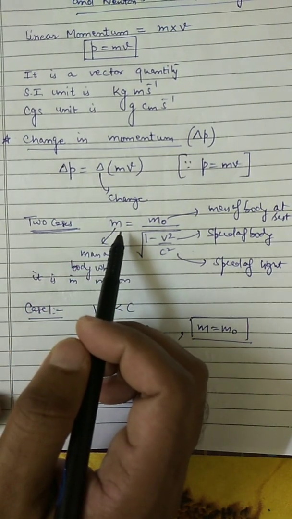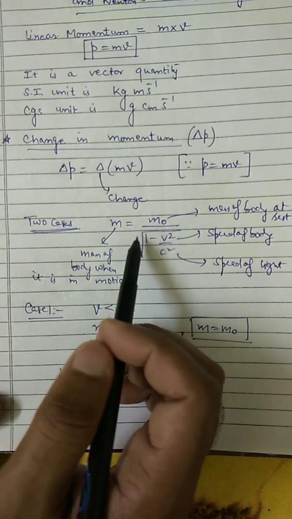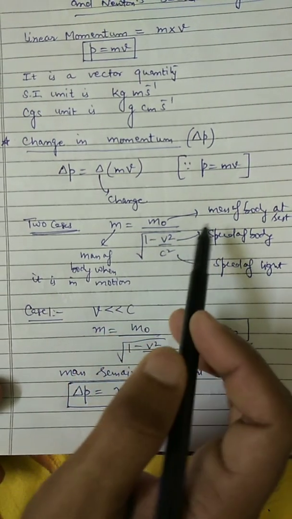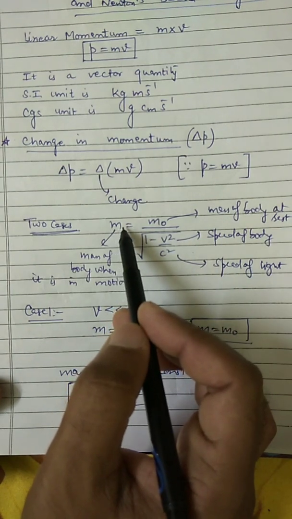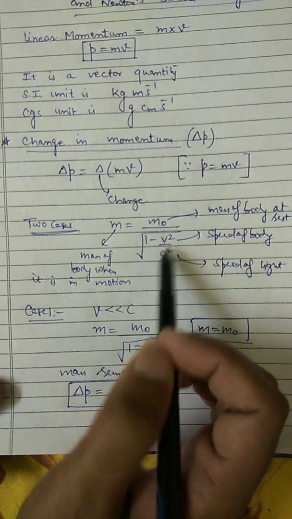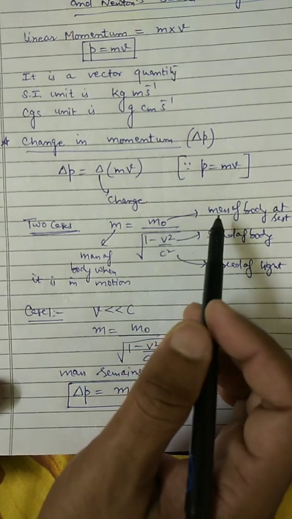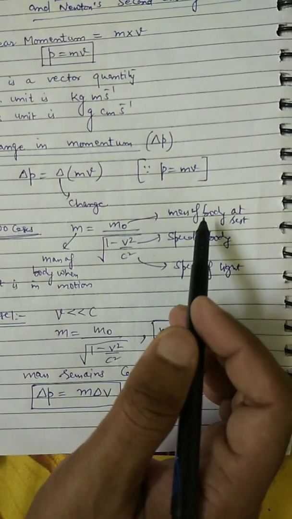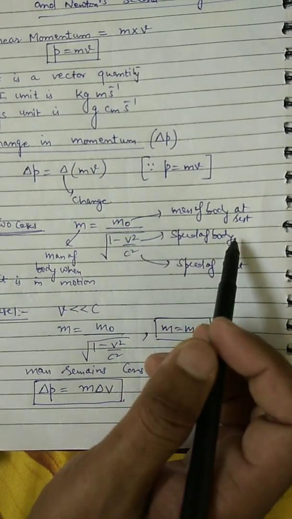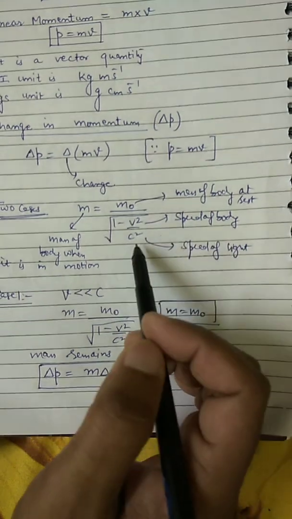One relation you have to learn: m is equal to m naught upon square root of 1 minus v square upon c square, in the denominator, where small m is the mass of the body when it is moving with velocity v. M naught is the relativistic mass, this is the mass of the body at rest. V is the speed of the body with which it is moving. C is the speed of light.